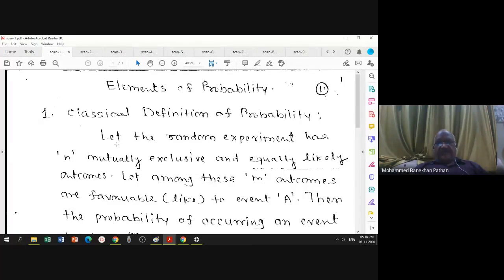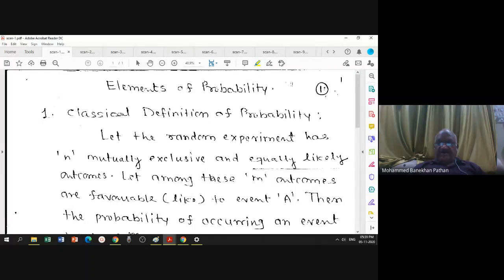I will define first and then we'll go ahead. Let the random experiment has small n mutually exclusive and equally likely outcomes.